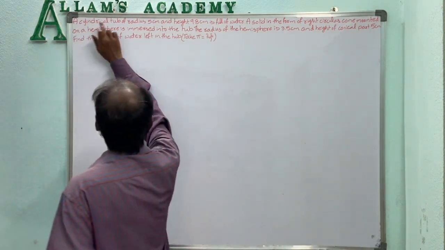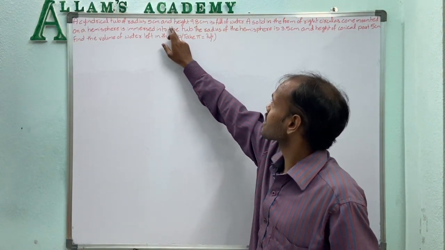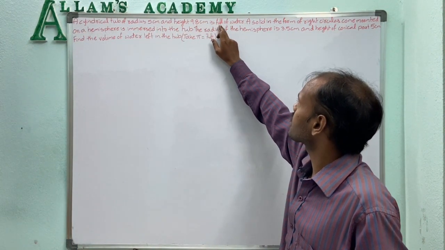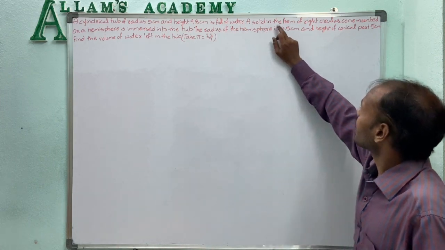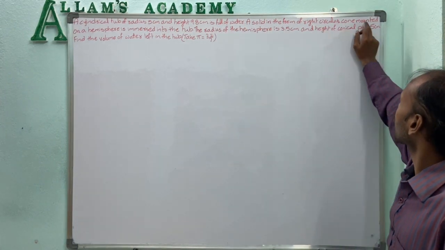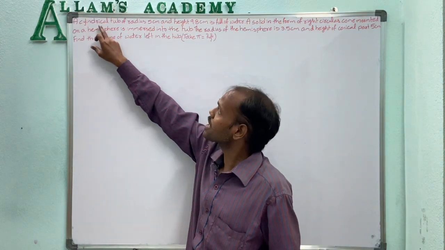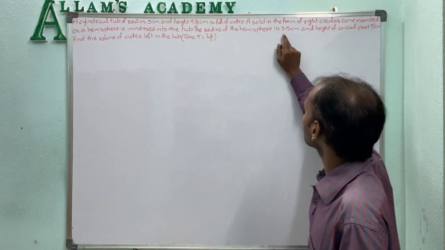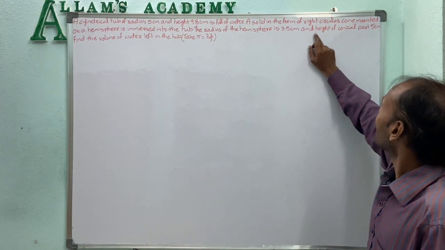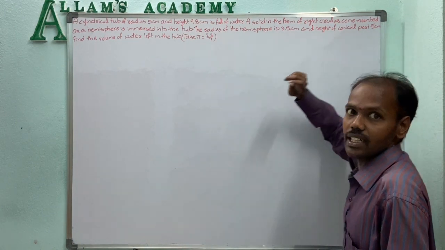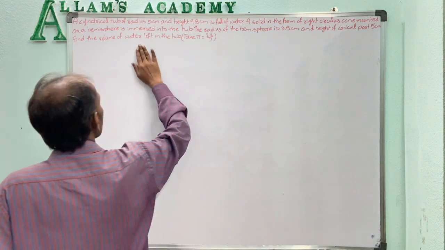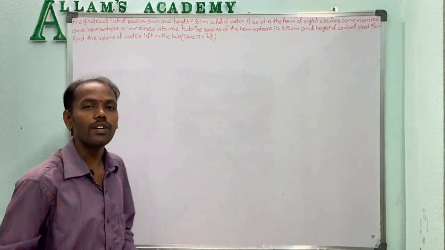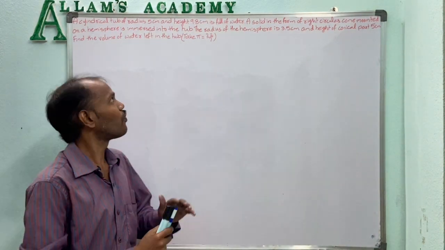Given a cylindrical tub of radius 5 centimeters and height 9.8 centimeters is full of water. A solid in the form of a right circular cone mounted on a hemisphere is immersed into the tub. The radius of the hemisphere is 3.5 centimeters and the height of the conical part is 5 centimeters. Find the volume of water left in the tub. So here we are asked for the volume.